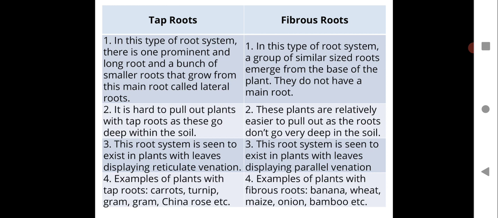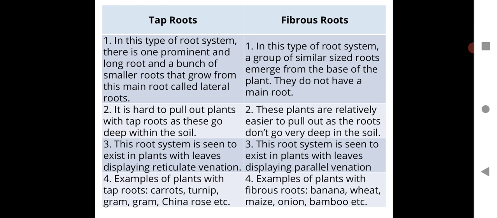Third point for taproots and fibrous roots: the taproot system is seen to exist in plants with leaves displaying reticulate venation. Please highlight this point, it is extremely important. Just put a star there or put a mark so that you will learn this point.